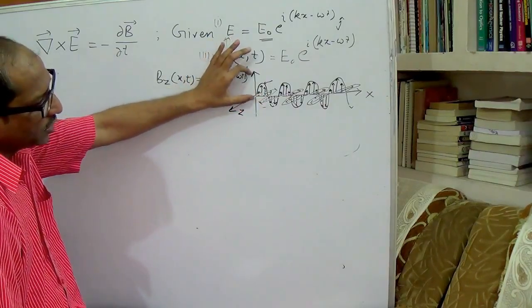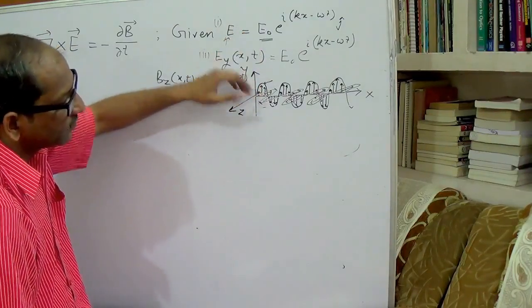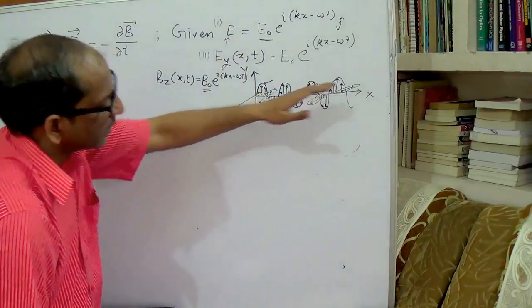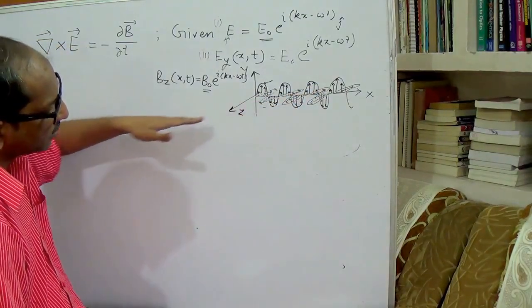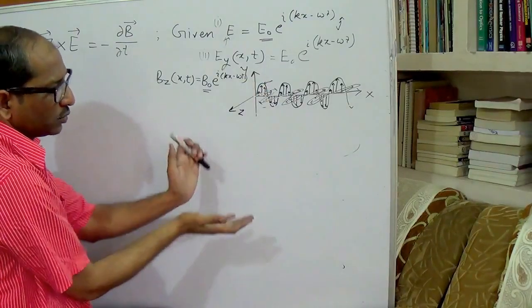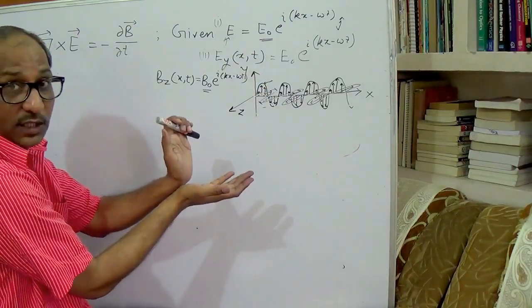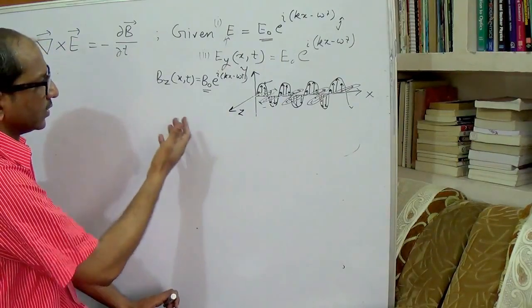Why? Because the electric field component is along the y direction, the wave is propagating along the x axis, and the magnetic field component is along the z direction. So y and z are perpendicular to each other, and the wave propagates like this along the x-axis.